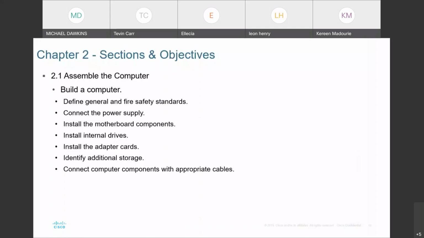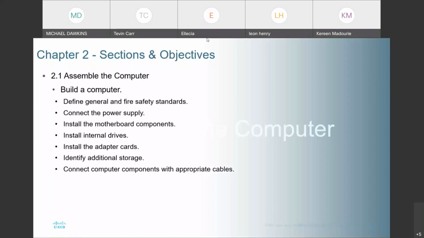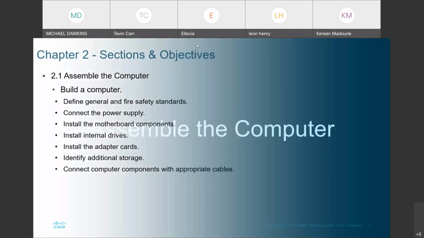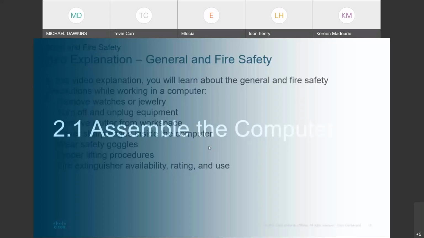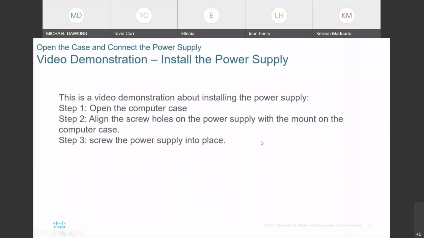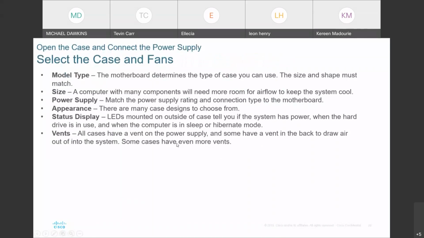I'm going to log in the meantime. All right, because when we talk about general safety, okay. So I definitely need to log back in so that you guys can see the videos.